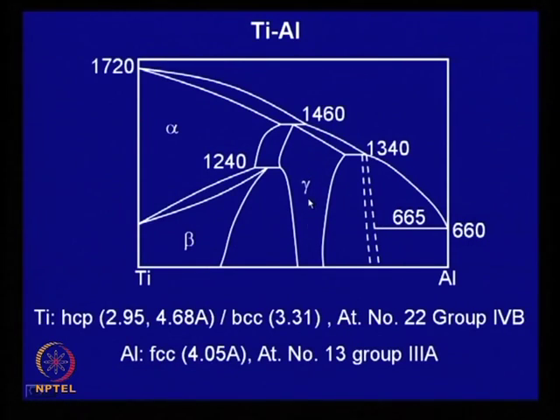There is a gamma phase, and there may be some intermetallic phase which is forming. And here, titanium belongs to group 4b, whereas aluminium belongs to group 3a.